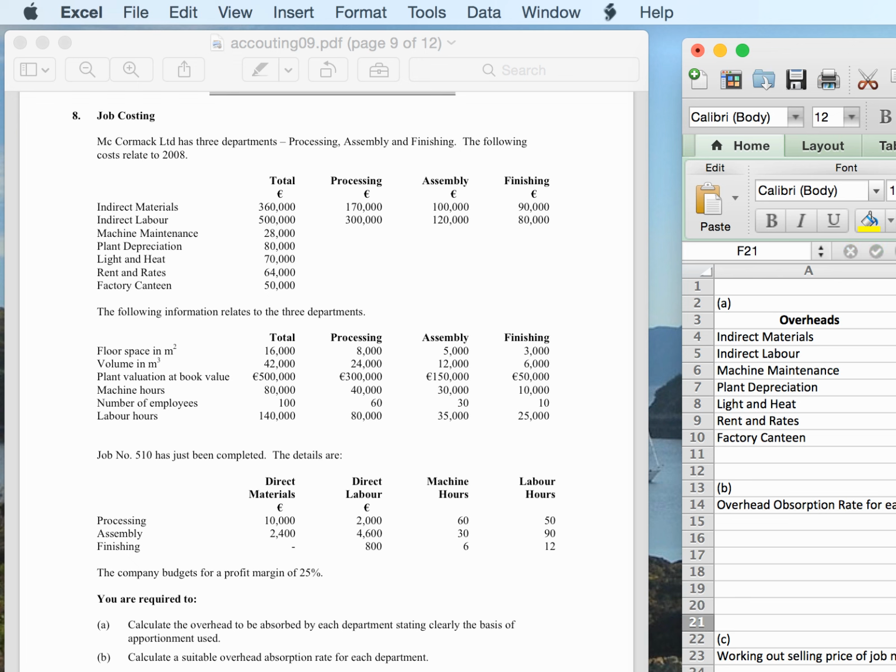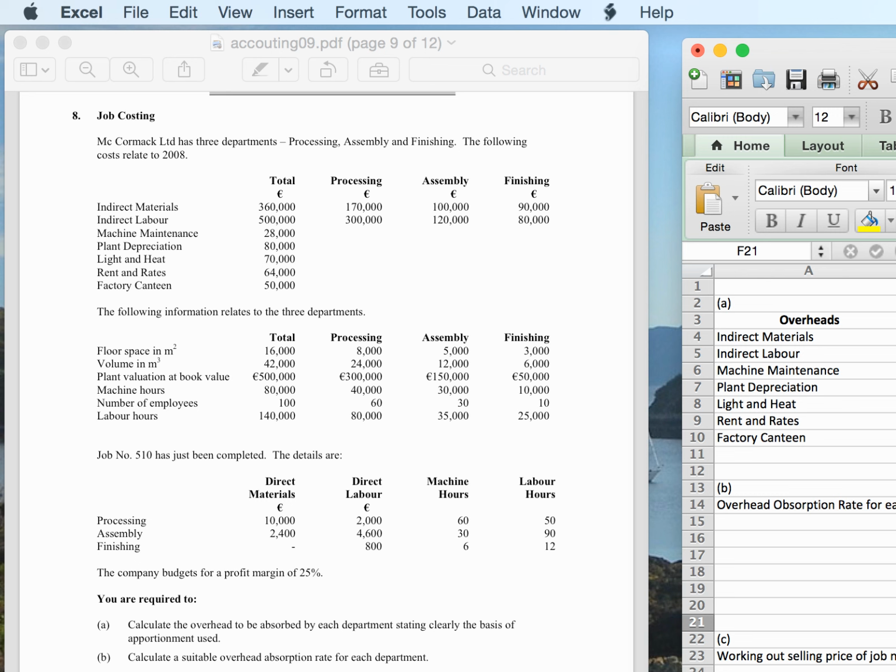So how all of this works is when I'm pricing up any job, if somebody comes in to see me and says, I want you to price up this particular job for me, I'll know that aside from whatever I'm going to spend on materials and whatever I'm going to spend for labour in each department, I'm also going to need to find out how many labour hours in the processing department are going to be involved in this particular job and multiply that by 7.93.